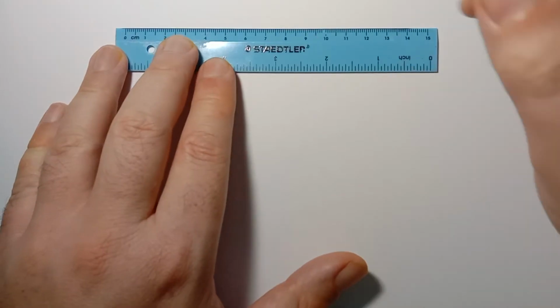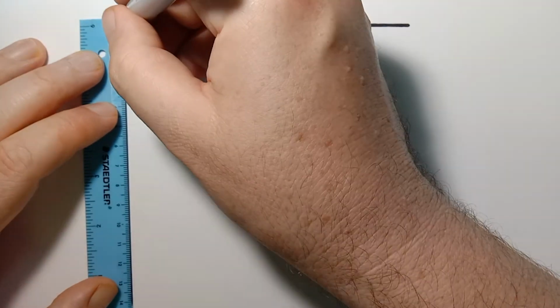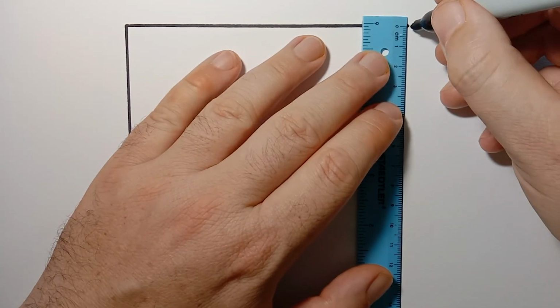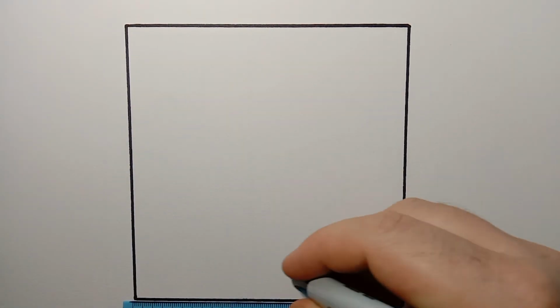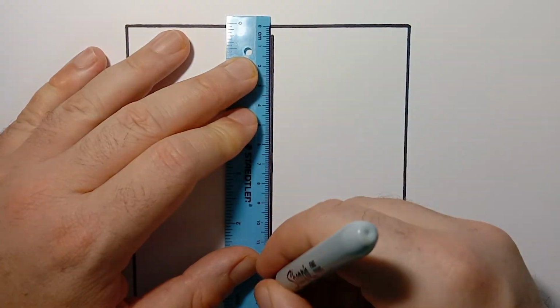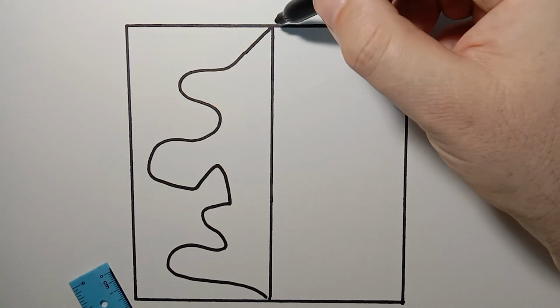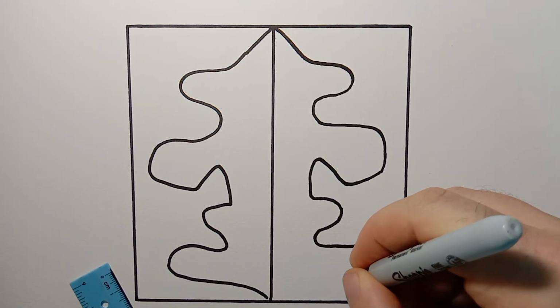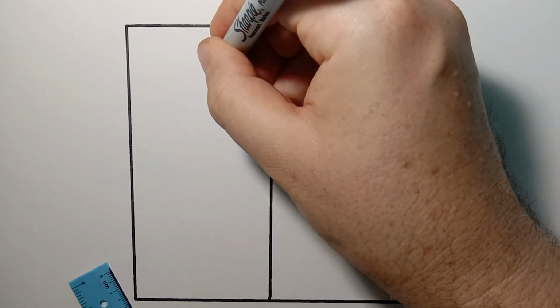I start by drawing a 14 centimeter by 14 centimeter square on the page. I divide the square into 2 rectangles, 7 centimeters by 14 centimeters. The object of this task is to draw a line on one side and draw its mirror image on the other side. So here we go.